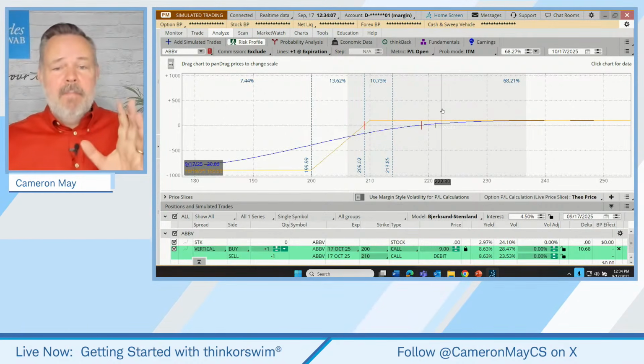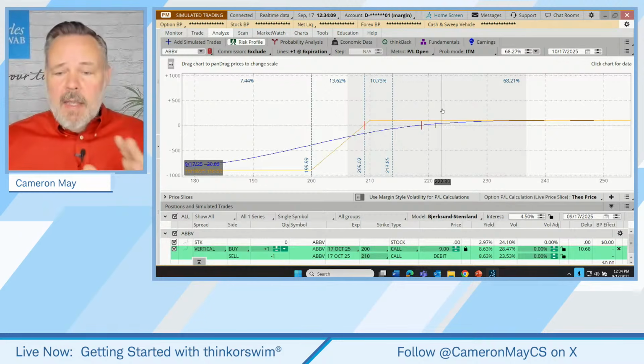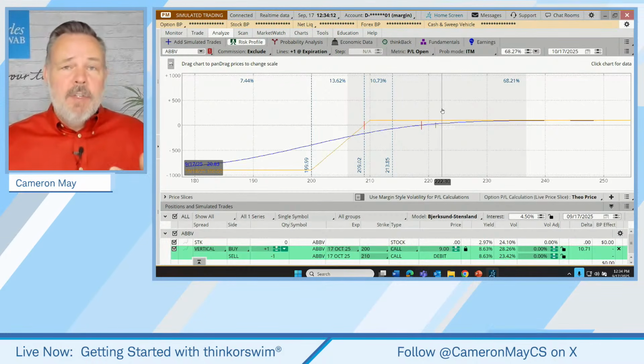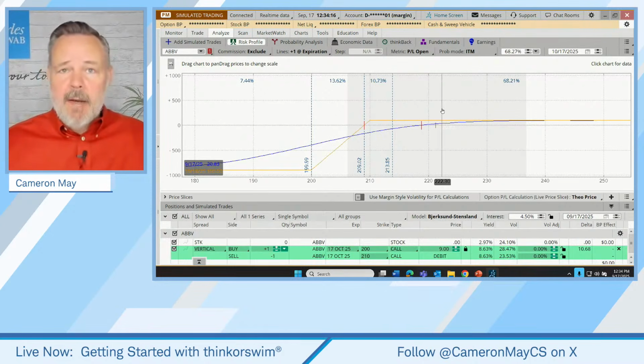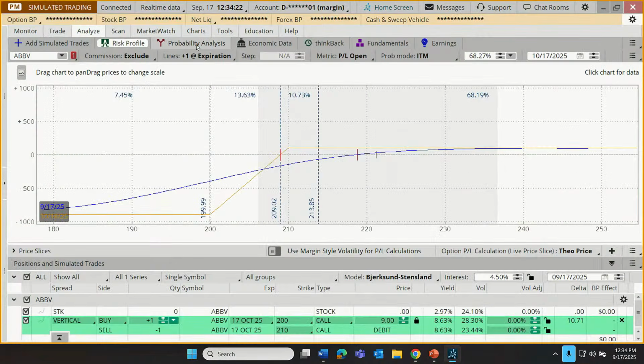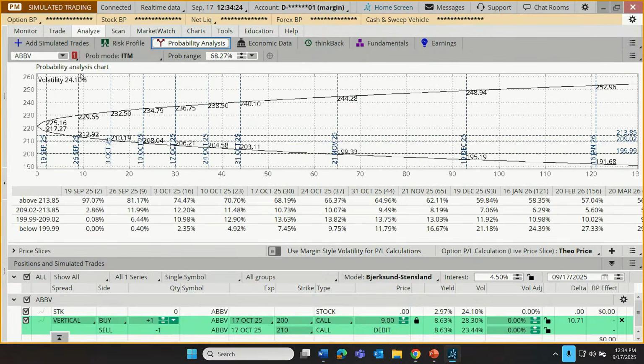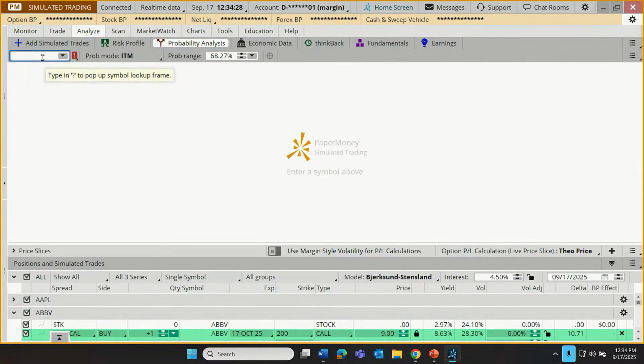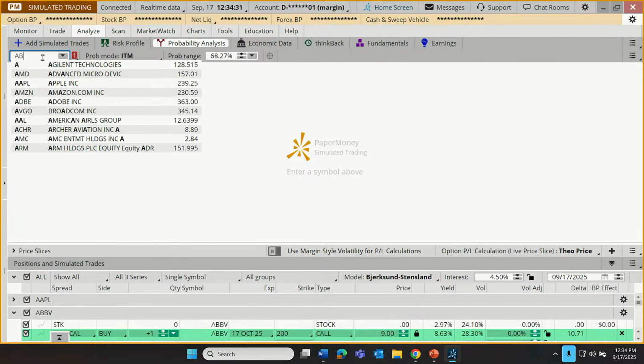But there's a final tool that I'm going to introduce you to, that for some traders, they just want it to be quick. All right, this tool can be used very quickly. It's also found on the Analyze tab, and it's known as the Probability Analysis tool. You just click on that. All we have to do to enable this tool here is to make sure that we have our symbol up here in the upper left.